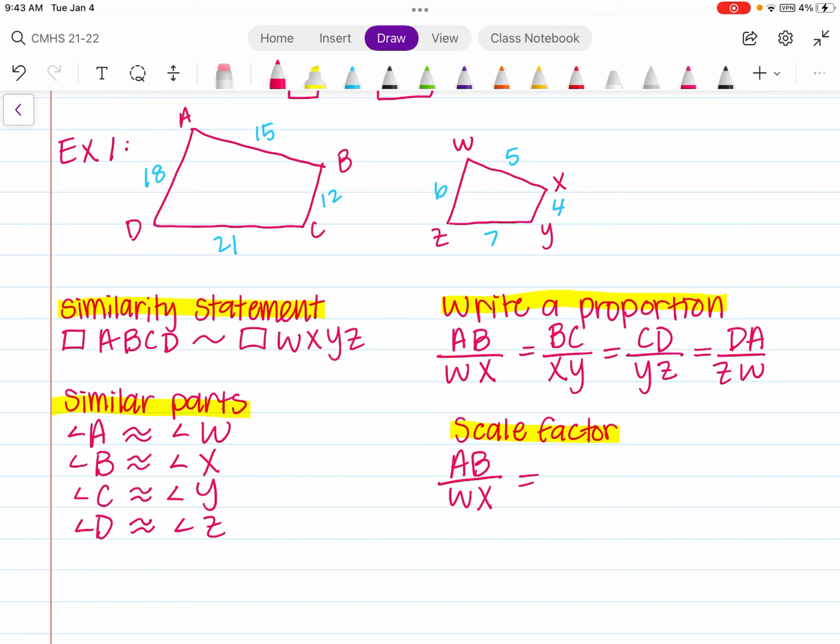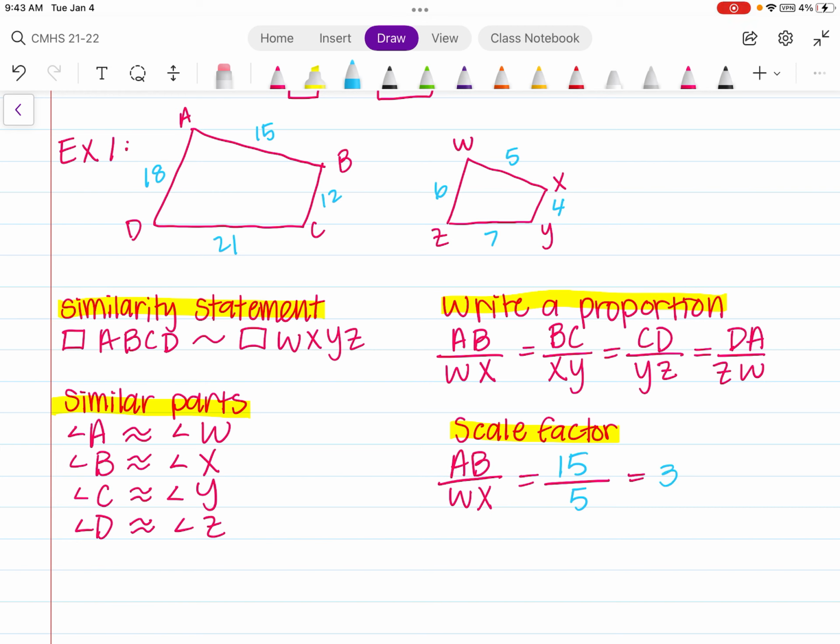And AB side length is 15. And WX side length is 5. Okay, so basically we try to reduce that fraction down, and 15 divided by 5 is 3.